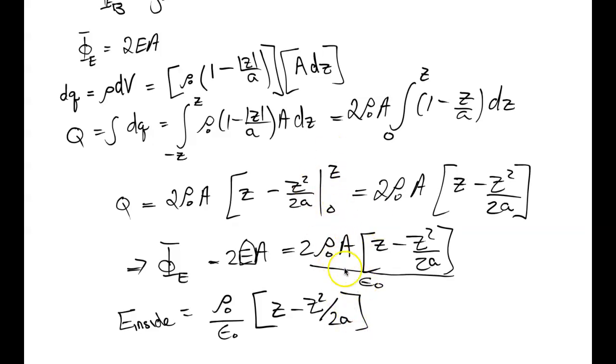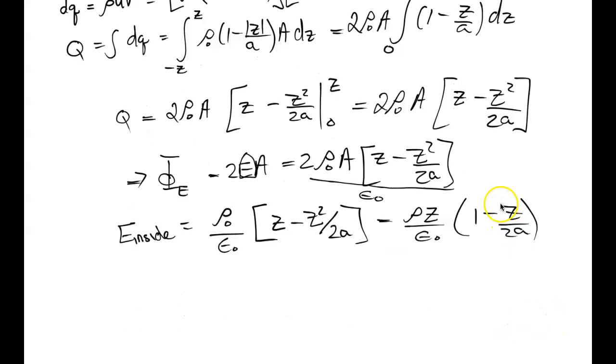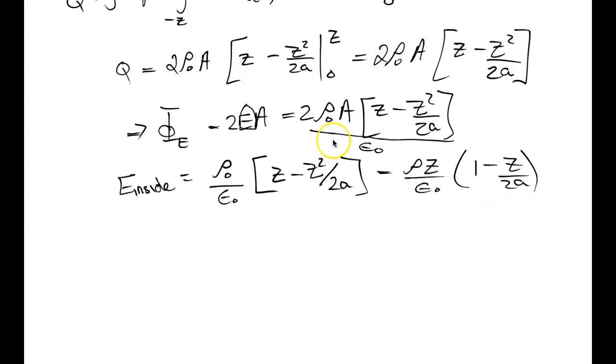If I want this a little more simplified, I can factor out the z and say this is 1 minus z over 2a. Notice that 2a is the thickness of the slab.